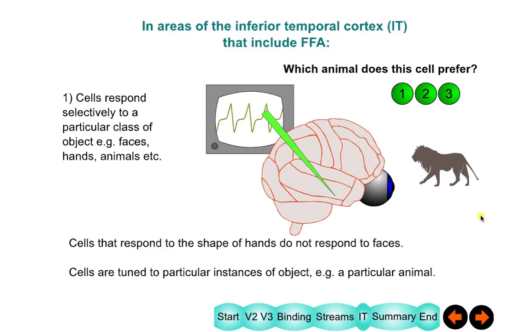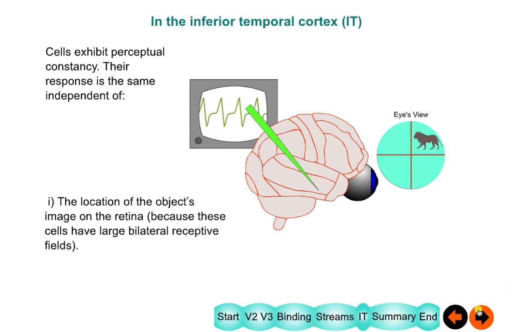So it's a cell that recognizes this type of object. And it can tell it's this type of object no matter where it appears in the visual field, whether left or right, up, down. It doesn't care because these cells have huge receptive fields that cover both sides.